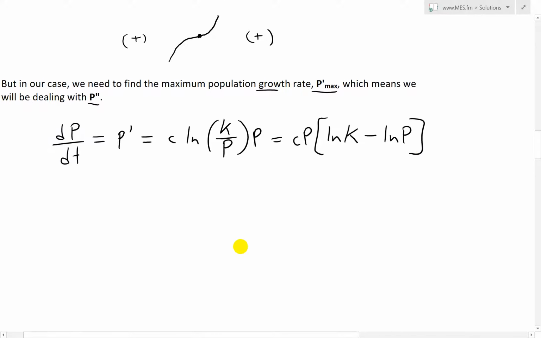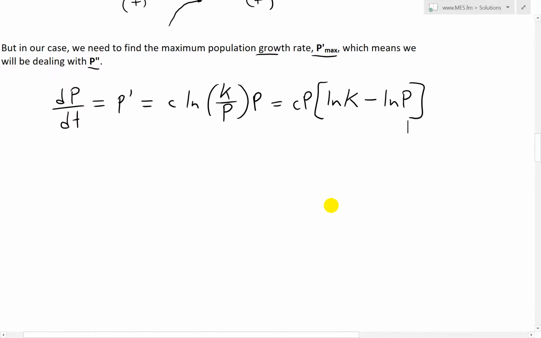So we have this, so it's easier to deal with, and you can see the proof for this in my logarithmic properties video. Put that in the video link below. So you have this, and now you just take the derivative to get the p double prime. So what we have here, you need to use the product rule.